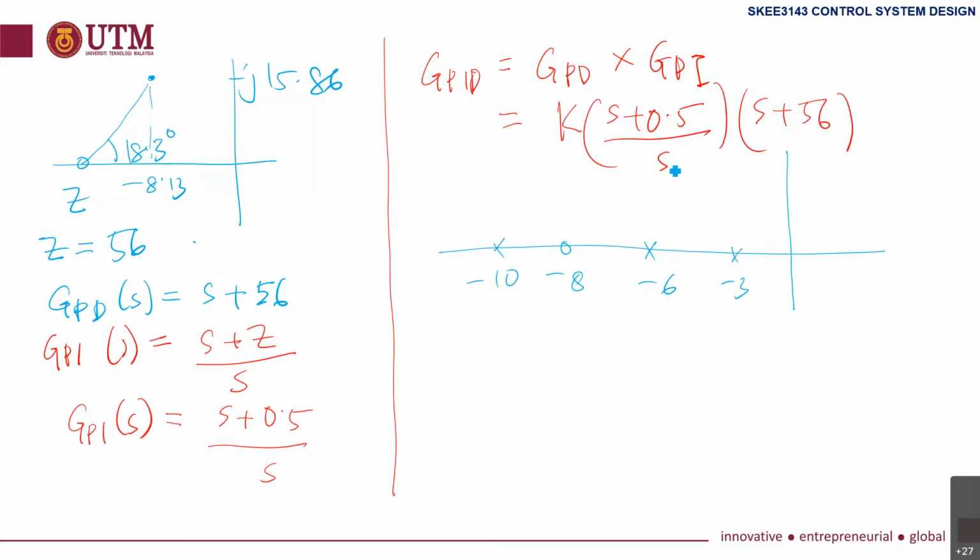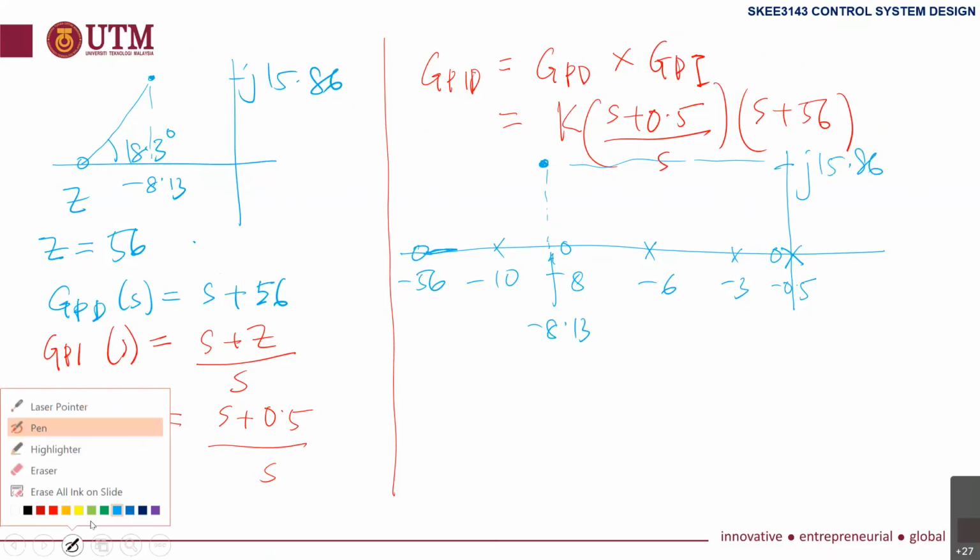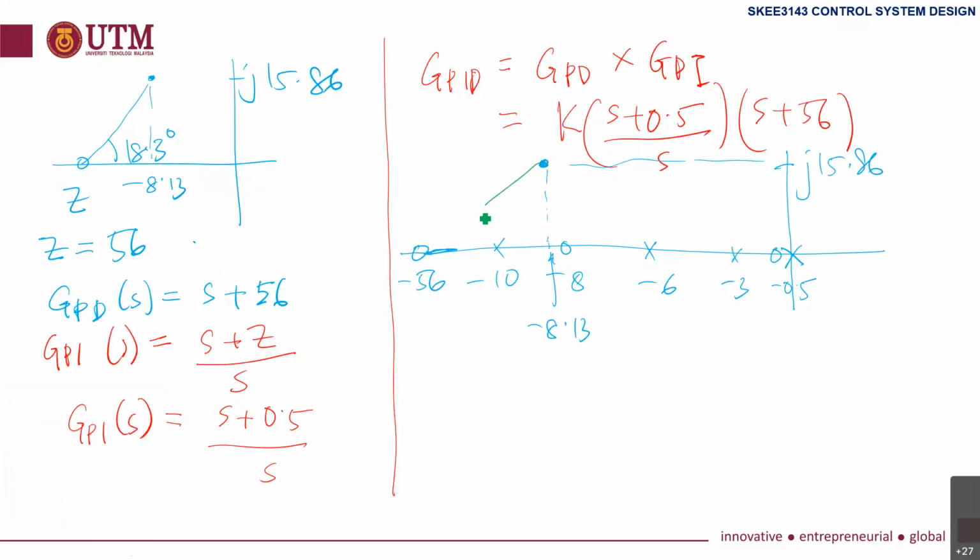Then we have one pole on the origin due to PI, a small one here, minus 0.5, and another zero at minus 56. Our interested point is here, minus 8.13, J 15.86.